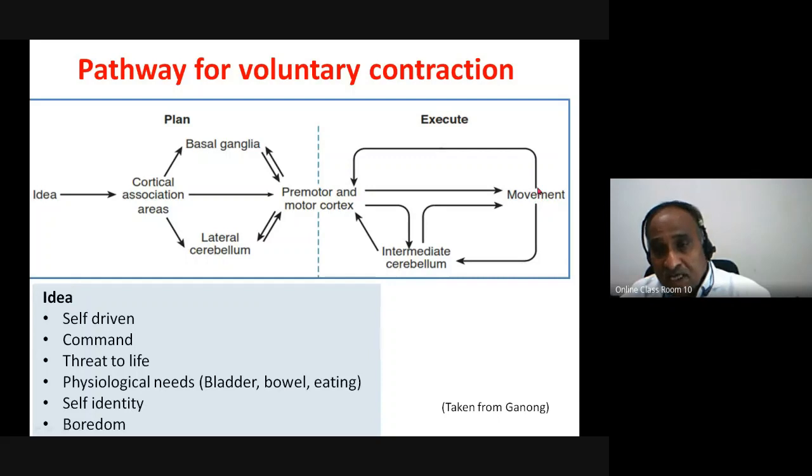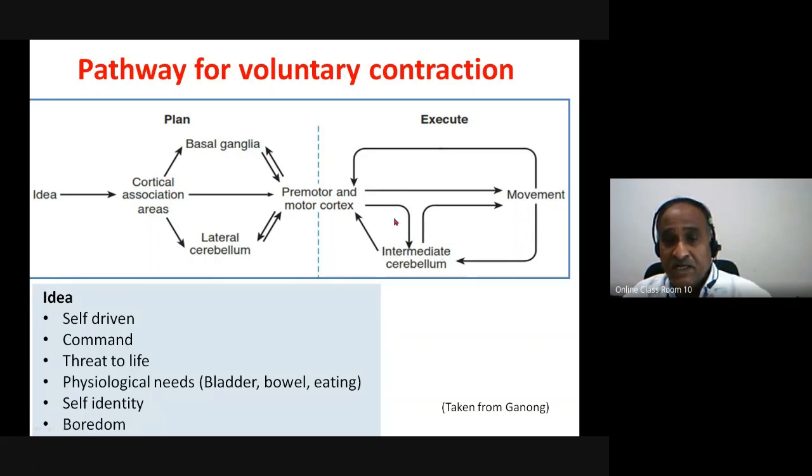So the cerebellum receives the feedback signal, and it also receives a signal from the premotor cortex. The premotor cortex tells the intermediate part of the cerebellum, the spinal part of the cerebellum, that I have sent this command and this movement has taken place, and how much movement has taken place is coming to the intermediate cerebellum.